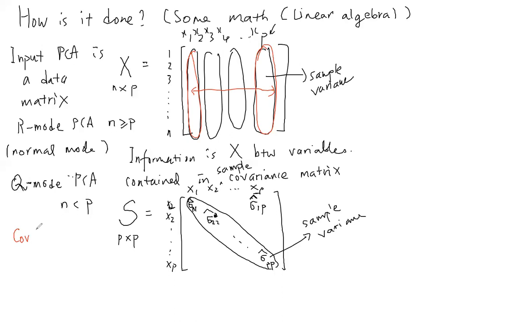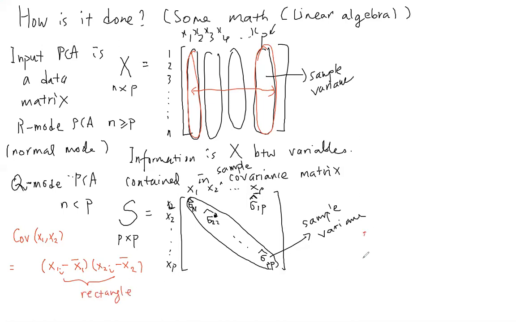For example, the covariance of two variables x1 and x2 is very simple. You basically construct this, where i is indexing the data points. This is basically a rectangle.